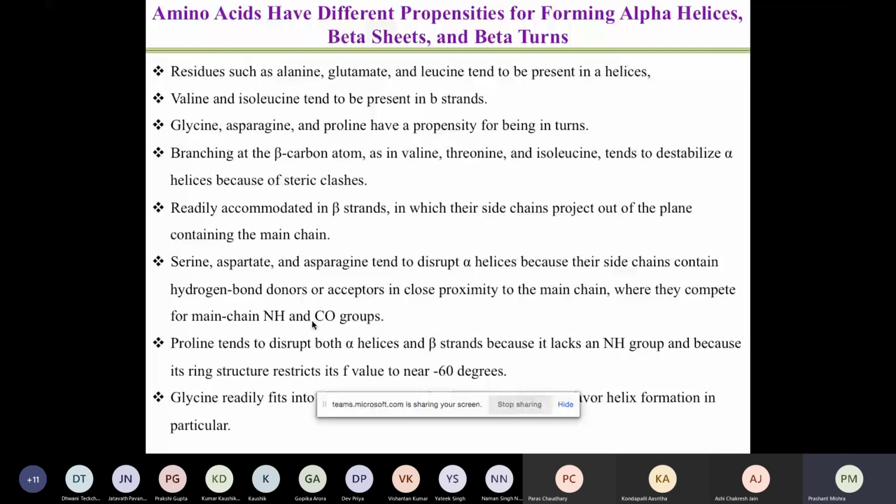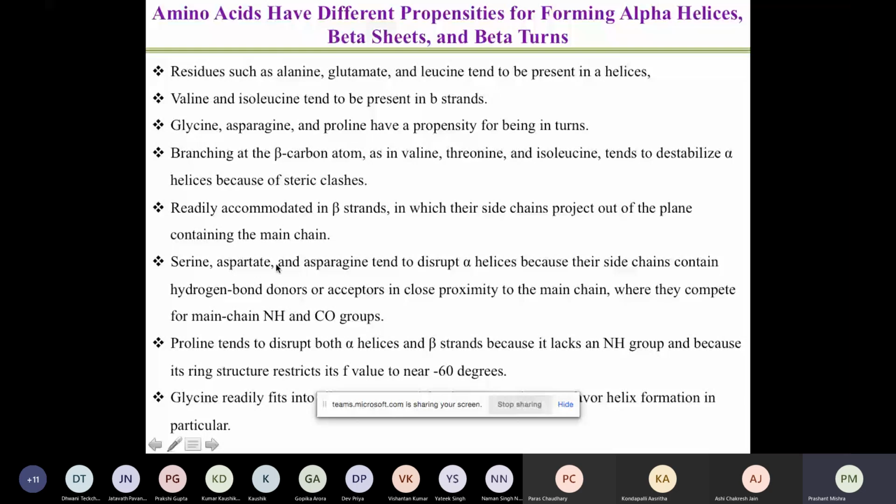So you have two types of interaction. One hydrogen bonding is because of the NHCO group of the main chain, and the other is hydrogen bonding because of the side chain; serine and aspartate side chains will interact.